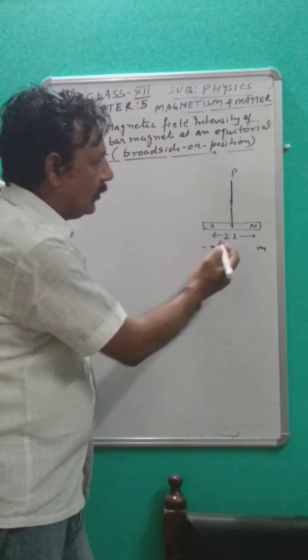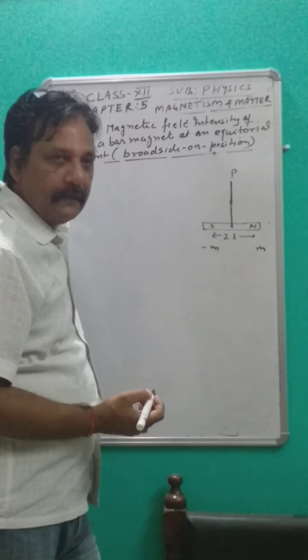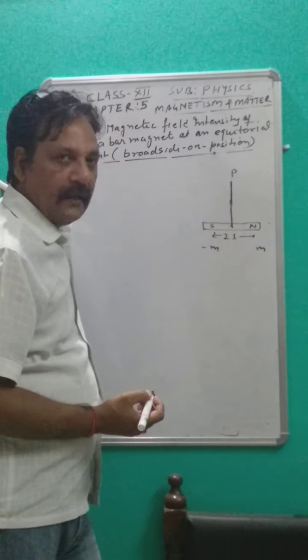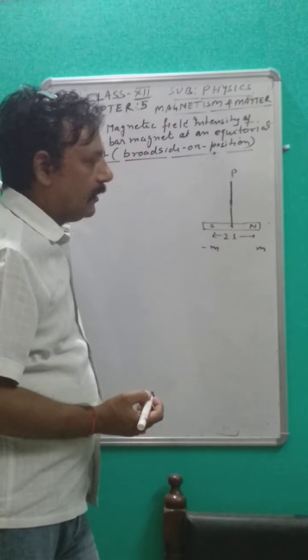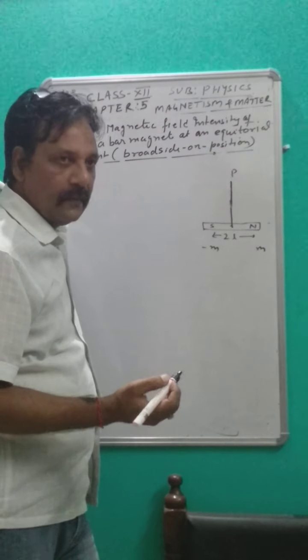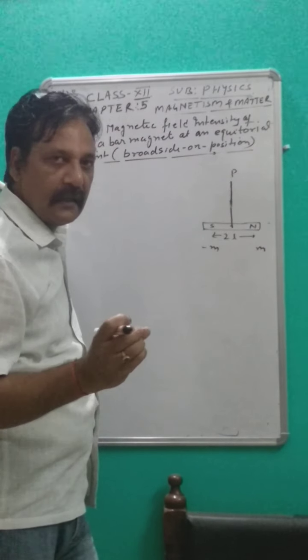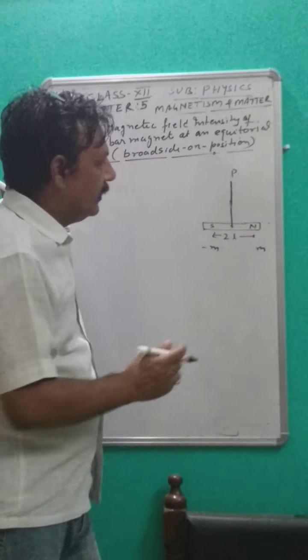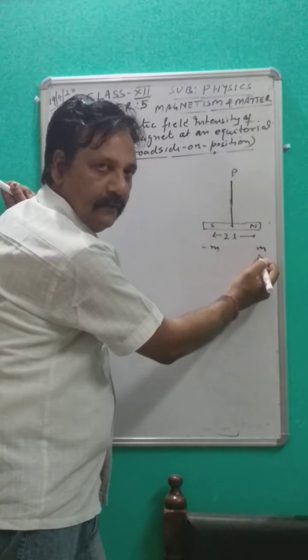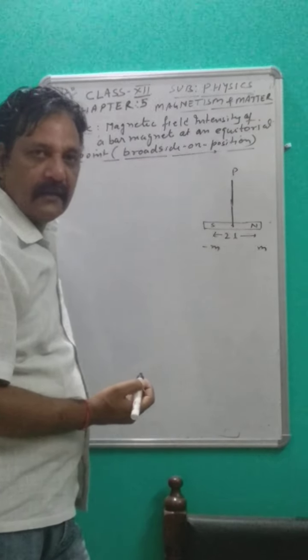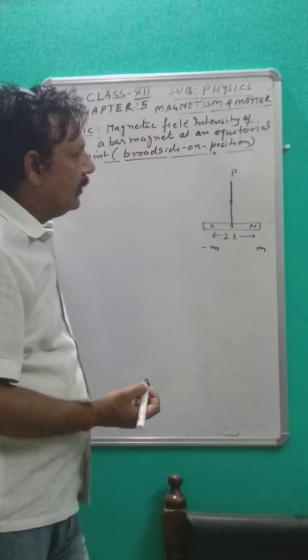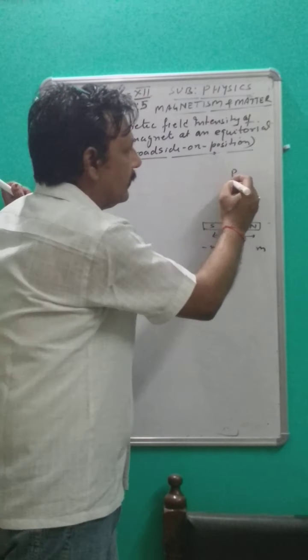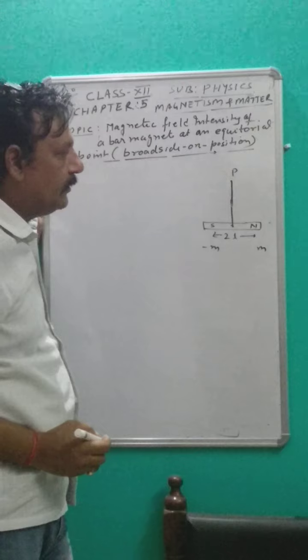Here 2l is the magnetic length of the bar magnet, the separation between the two poles, which is slightly inside the endpoints of the bar magnet. Plus m is the positive magnetic charge, and minus m is the negative magnetic charge. We have to calculate the net resultant magnetic field at point P.